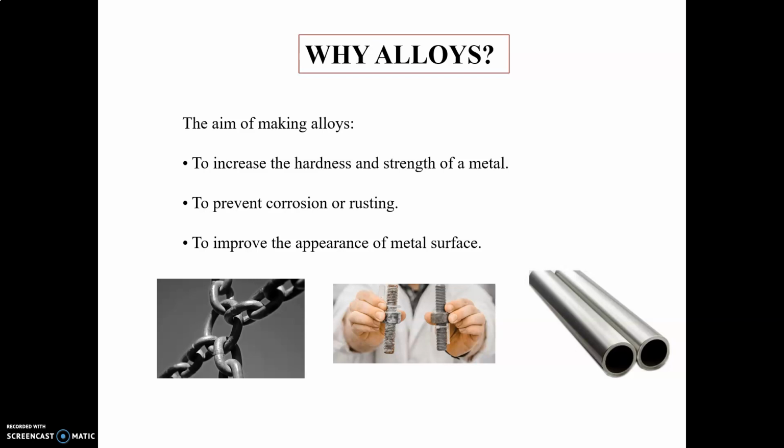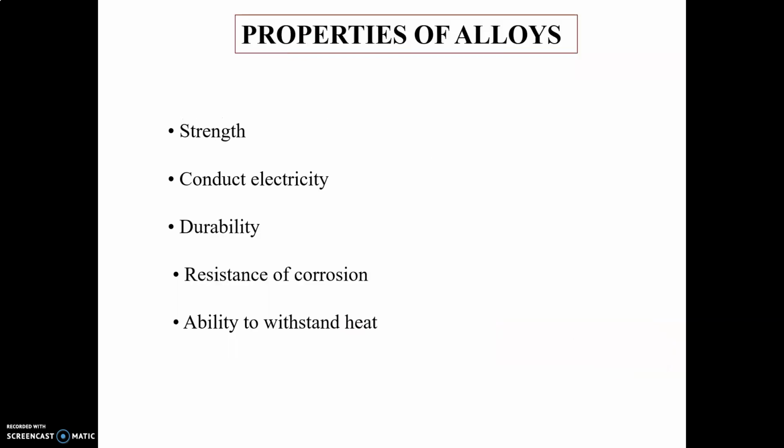Sometimes if the metal exhibits very good hardness, then there may be a corrosion problem. Suppose the material has an anti-corrosion property, then the strength won't be that good. So in order to accumulate all the properties in a material, fusion of different metals with non-metals is necessary. The main aim of alloying is to increase the three basic properties, that is hardness, strength, corrosion resistance, and then the appearance of the metal surface.